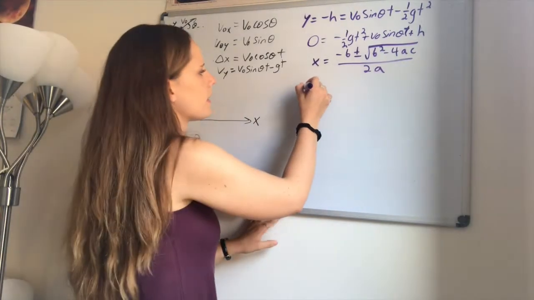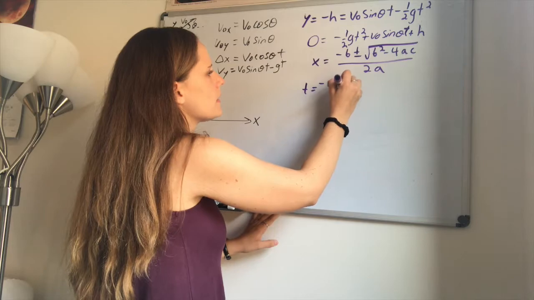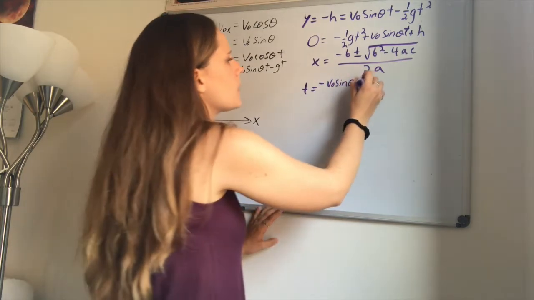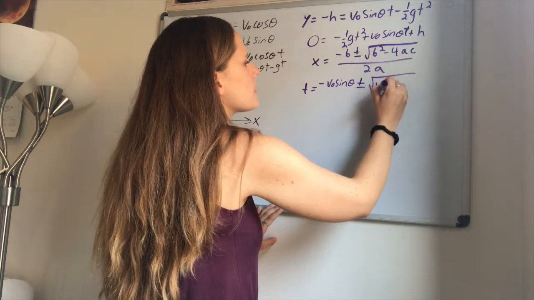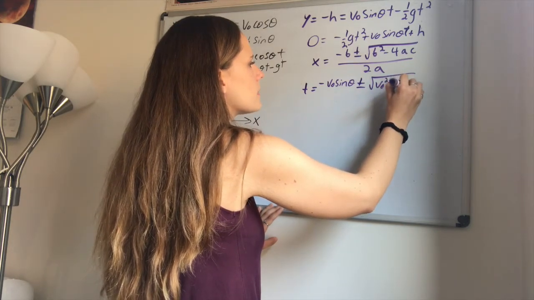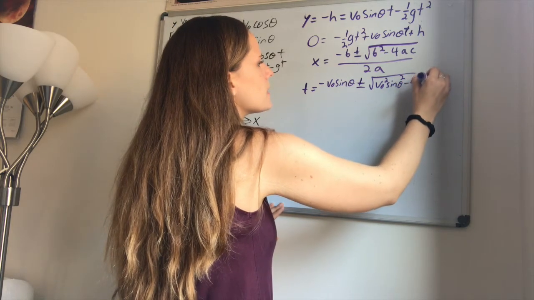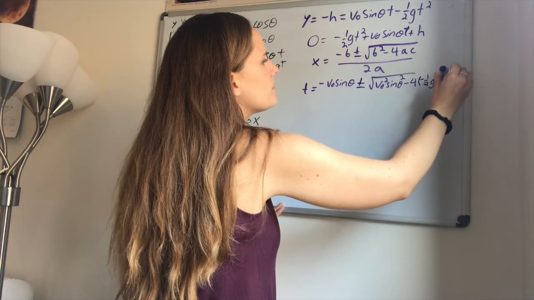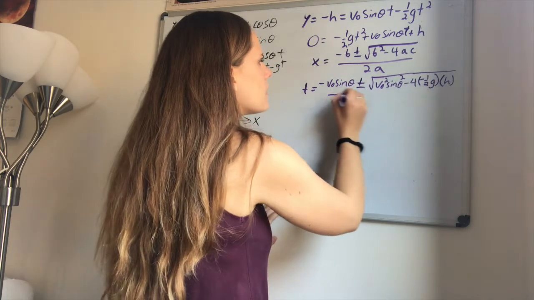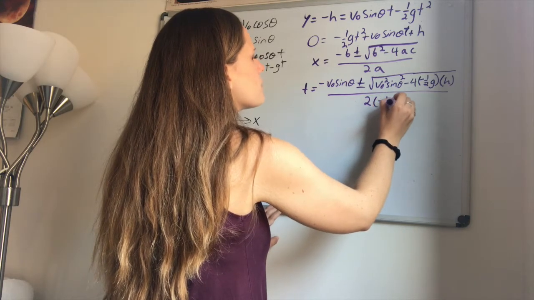So if we plug all that in, we get t equals minus v naught sine theta plus or minus the square root of v naught squared sine theta squared minus 4 times minus 1/2 g times h over 2 times minus 1/2 g.